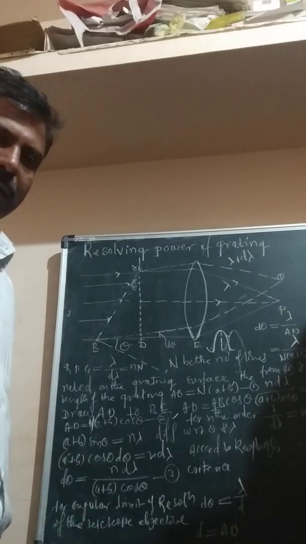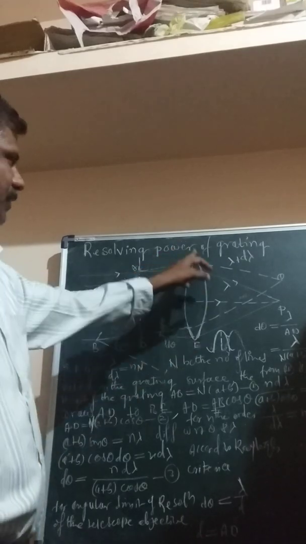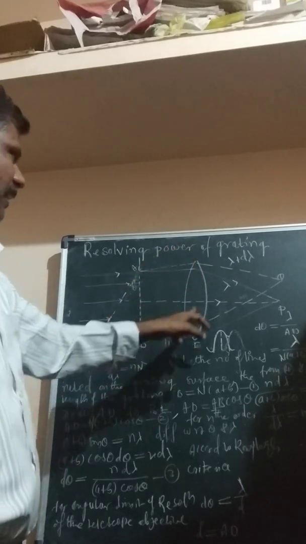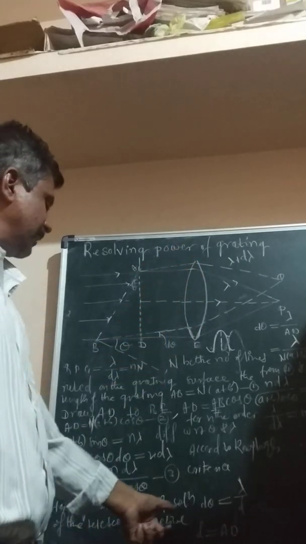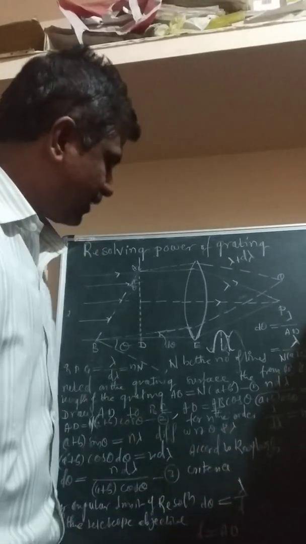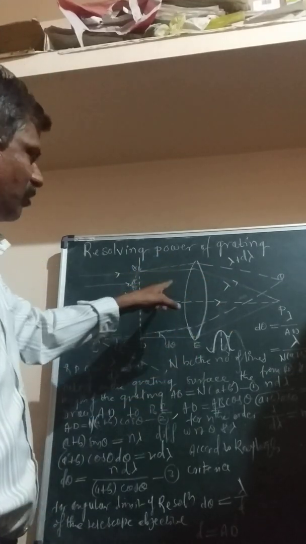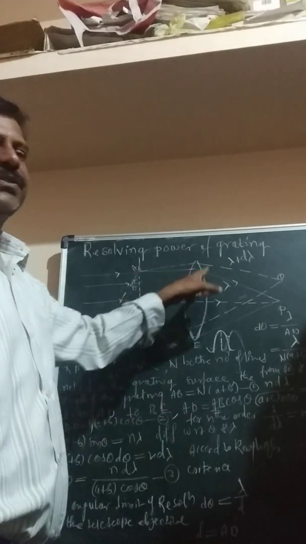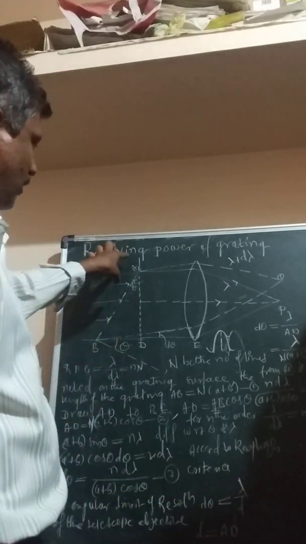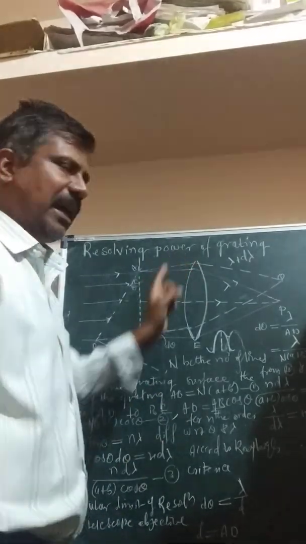We know that for the angular limit of resolution of a telescope objective, d theta is equal to lambda divided by small d, where small d is nothing but the width of the emergent wavefront, or you can call it the diameter of the telescope. So this small d is nothing but AD, the width or diameter of the wavefront.